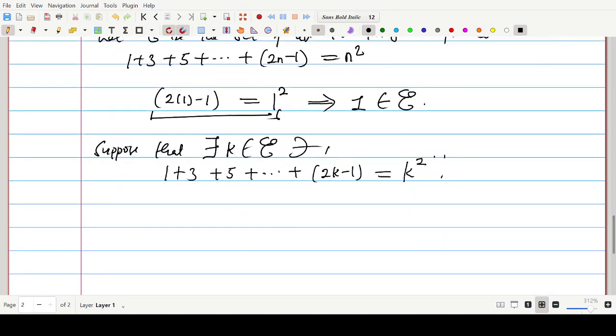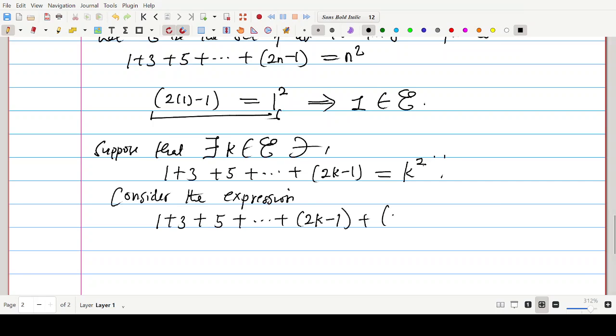To establish that, we consider the expression 1 plus 3 plus 5 plus dot dot dot plus 2k minus 1, next will be plus 2 brackets k plus 1 minus 1.